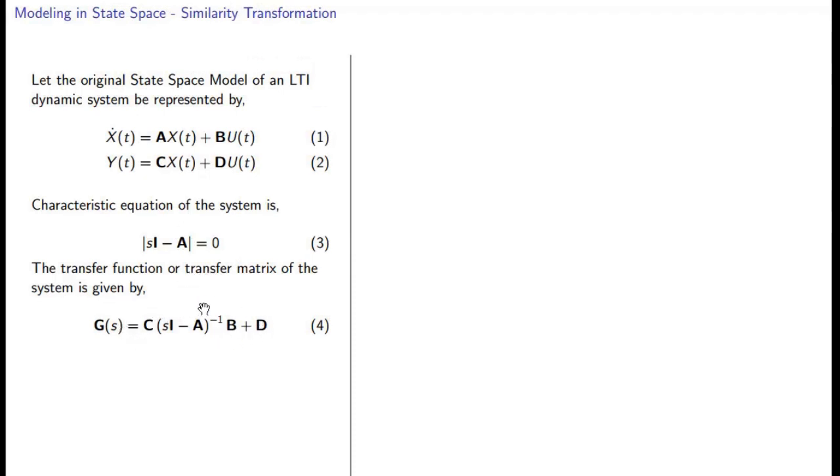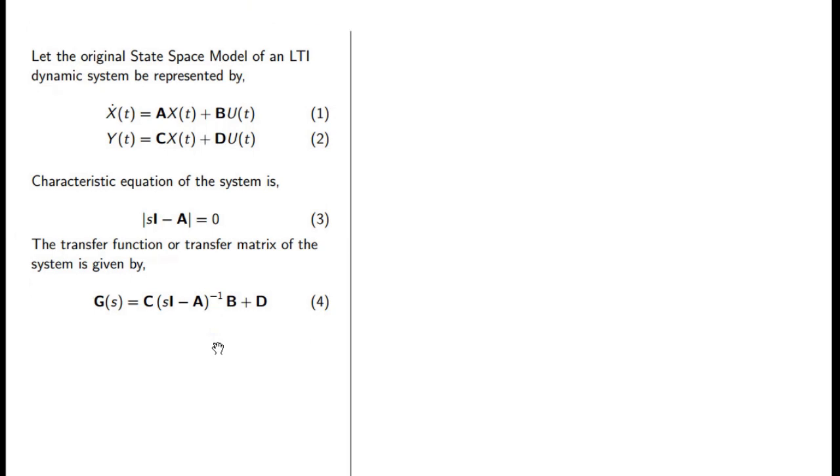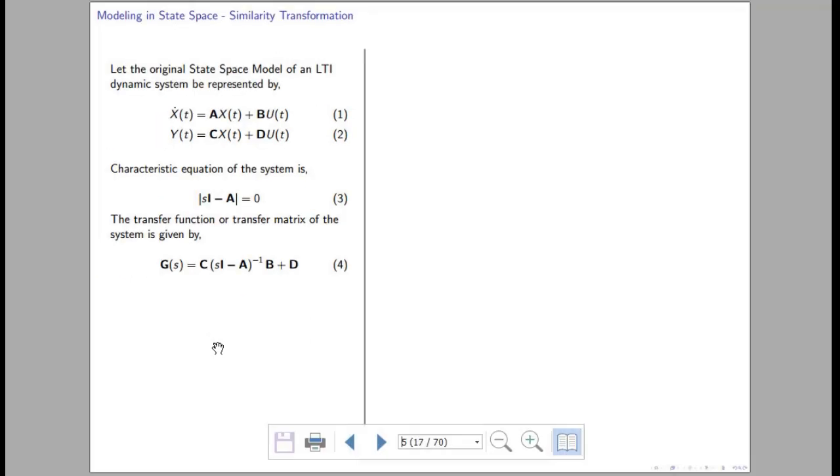The transfer function is given by C into the inverse of sI minus A into B plus D. So these are the characteristic equation and the transfer function for the original system.